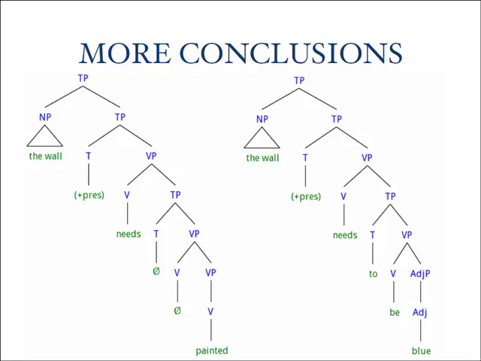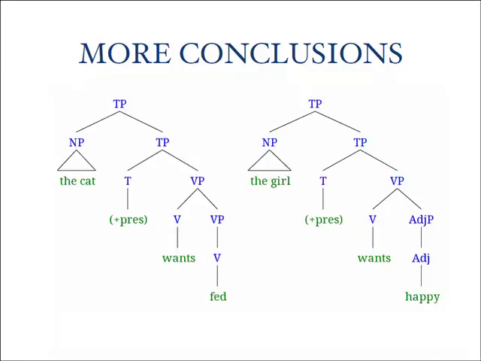The problem with that is then we could also get the wall needs blue, which we can't do. So if we could just drop the to be, we'd not only drop it in the AEP, we'd drop it in other places. So a better explanation is that we just don't have that structure for the to be. It's not just that we're not saying it, the structure is actually not there.